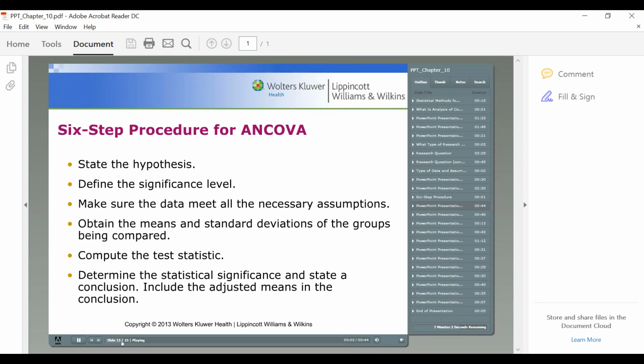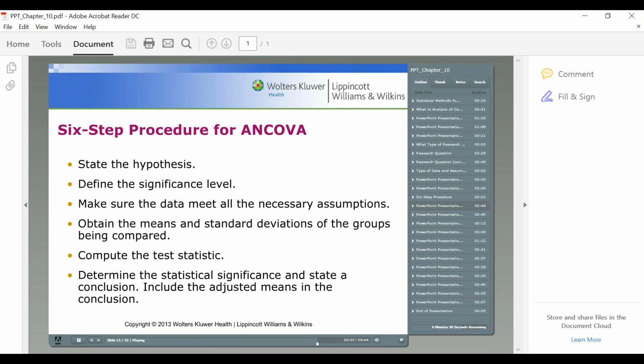So we go through our 6-step process. We'll state the hypotheses and define the significance level. Usually when you're in SPSS, it gives you the default of 0.05. We're going to make sure the data meet all the necessary assumptions, like homogeneity of variance, linearity, and that the data must be normally distributed, and so on and so forth.